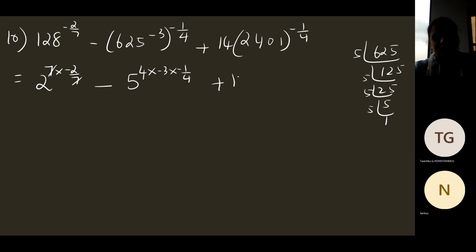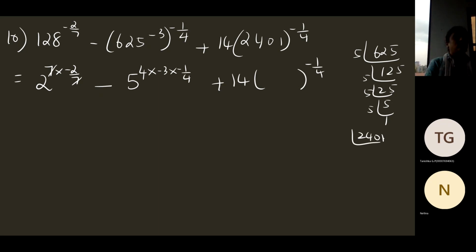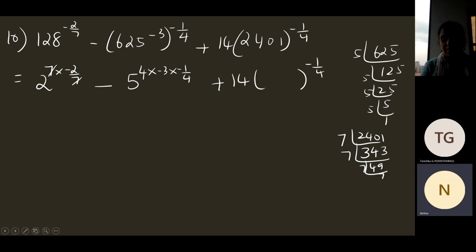Plus 14 into, what is 2401? 7 to the power 4. 7 threes are 21, 3 remains, 7 fours are 28, 2 remains, 7 threes are 343, 7 sevens are 49.